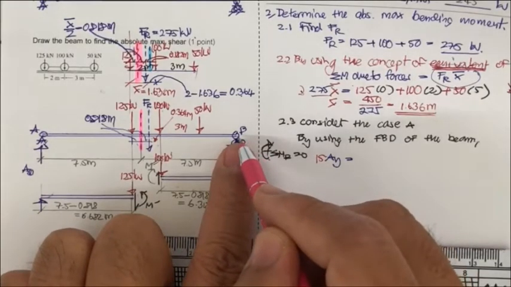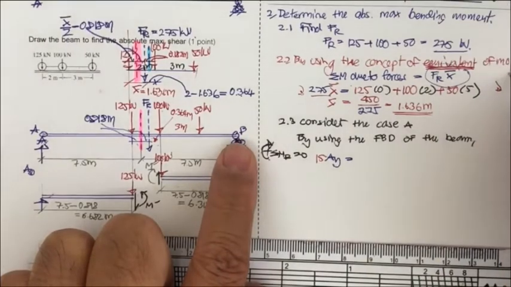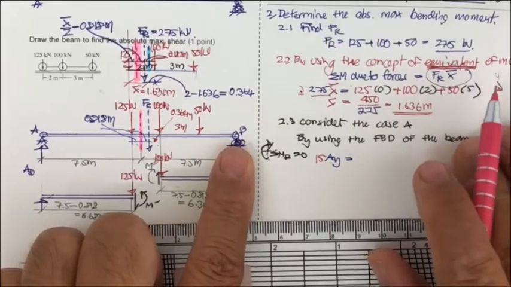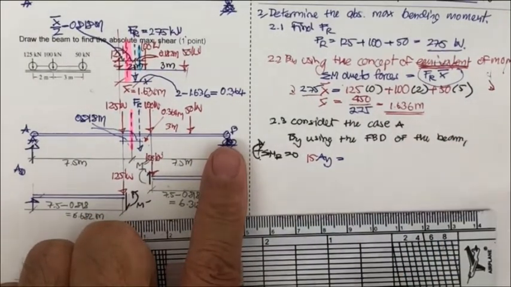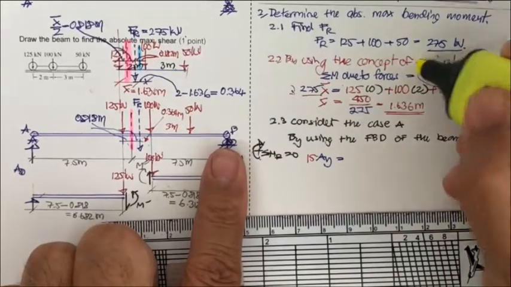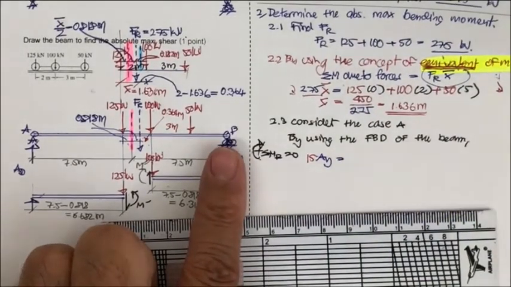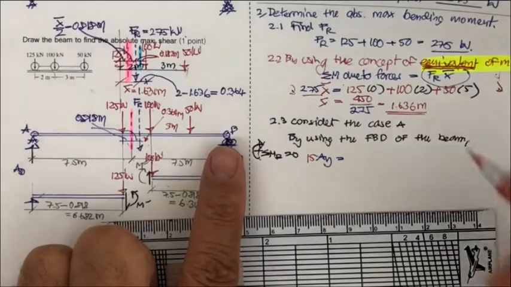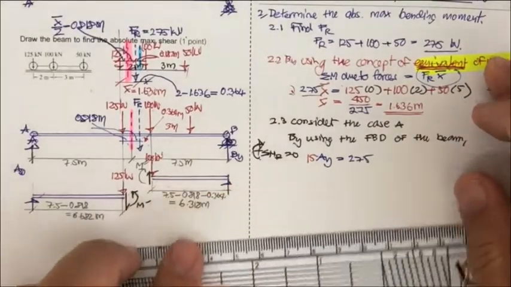It's going to be the equivalent of moment. If you know the concept of equivalent of moment, it's going to help you to do this calculation. I am using the equivalent of moment, so the 275 is my F sub R.